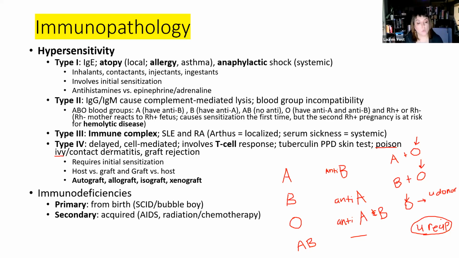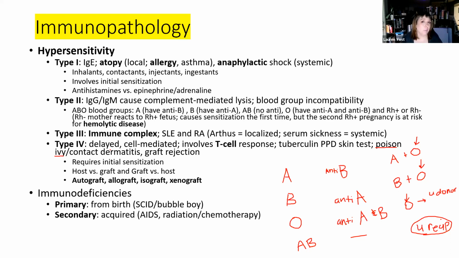So whenever you receive a graft, let's say it is a kidney, and your CD8 positive T cells, your cytotoxic T cells, attack that kidney because it isn't a match, because the MHC1 molecules look weird. Basically, that is us attacking the graft. So that's host versus graft.